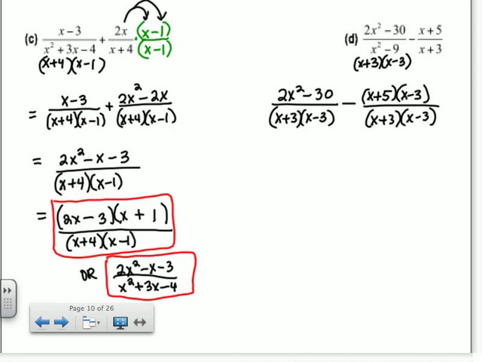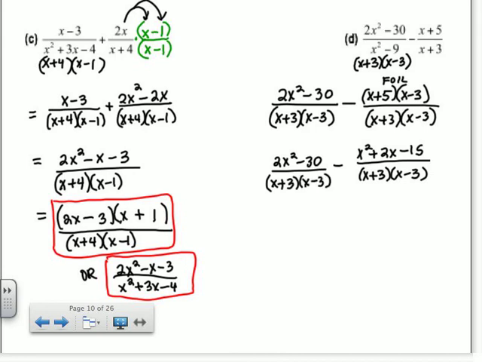Okay, I'm going to FOIL. So FOIL the second numerator. So when I do that, I get x squared. My outer is negative 3x. My inner is plus 5x, so plus 2x. My last is negative 15. Okay, I'm still going to write this as two separate fractions because there's something I want you to notice. Do you guys see what I'm wanting you guys to see?